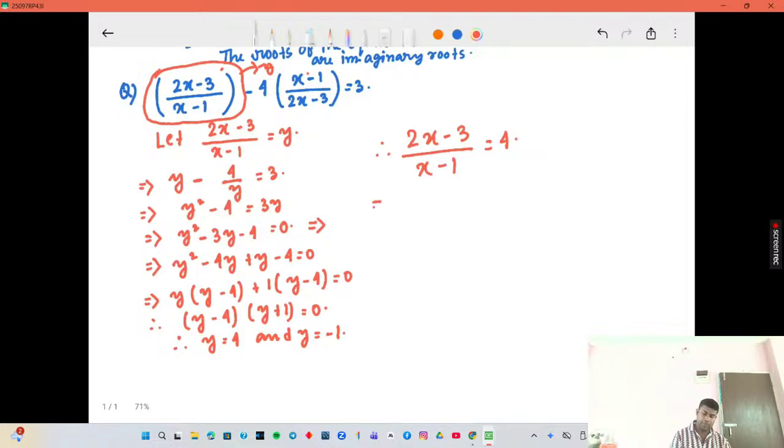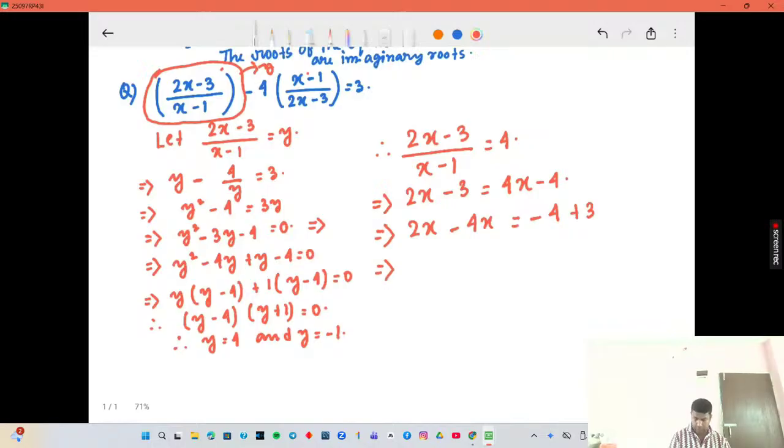So we will solve this equation. So 2x minus 3 is equal to 4(x minus 1), 4x minus 4. So 2x minus 4x is equal to minus 4 plus 3. So minus 2x is equal to minus 1, or x is equal to 1 by 2. So you can see that the value of x is half.